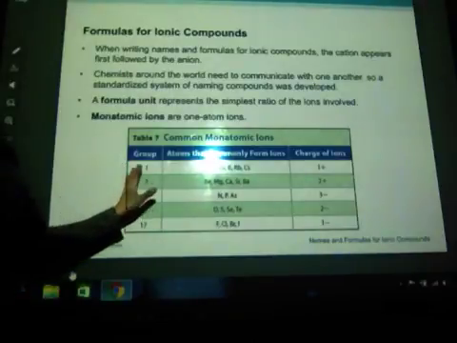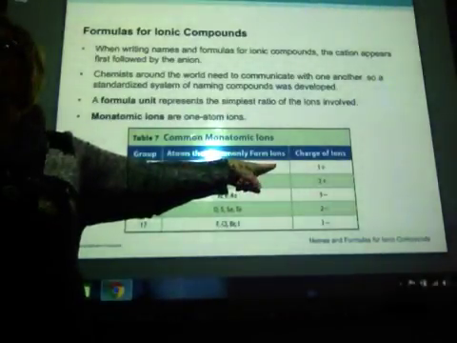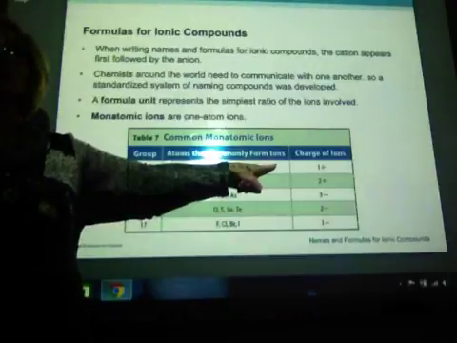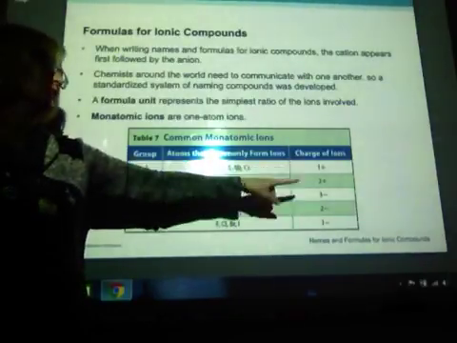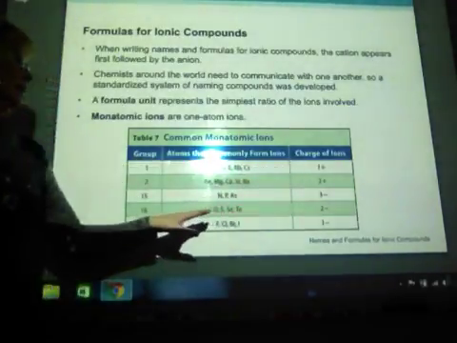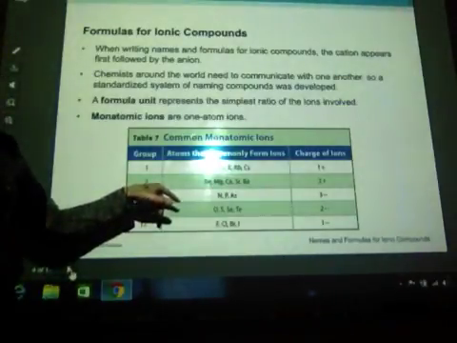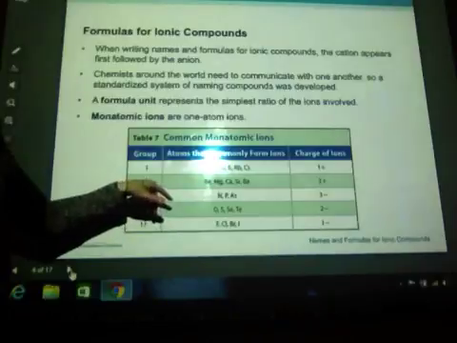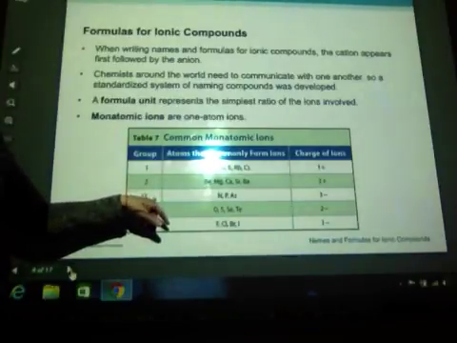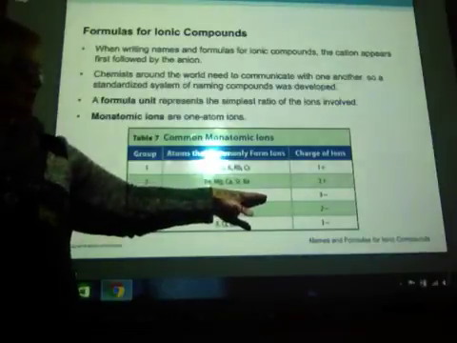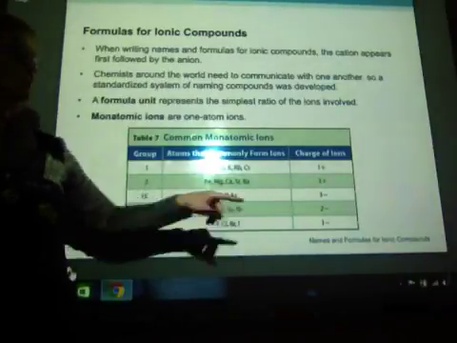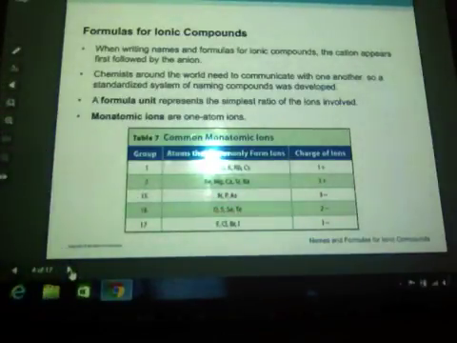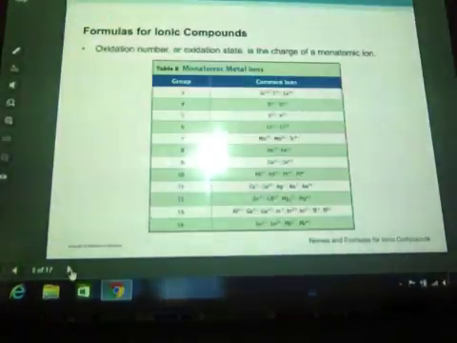These are pretty straightforward. Group 1, when it forms an ion, loses an electron, has a positive charge. Group 2 loses 2. Actually, group 3, for the most part, is going to be a positive 3. Then group 15 is going to gain 3 electrons, group 16 gain 2, group 17 gain 1. Our transition metals in the middle will be a little bit different.